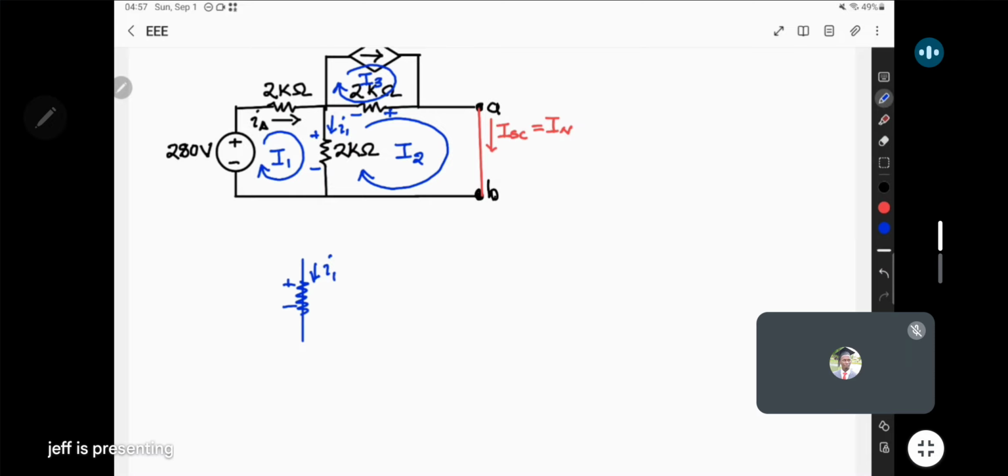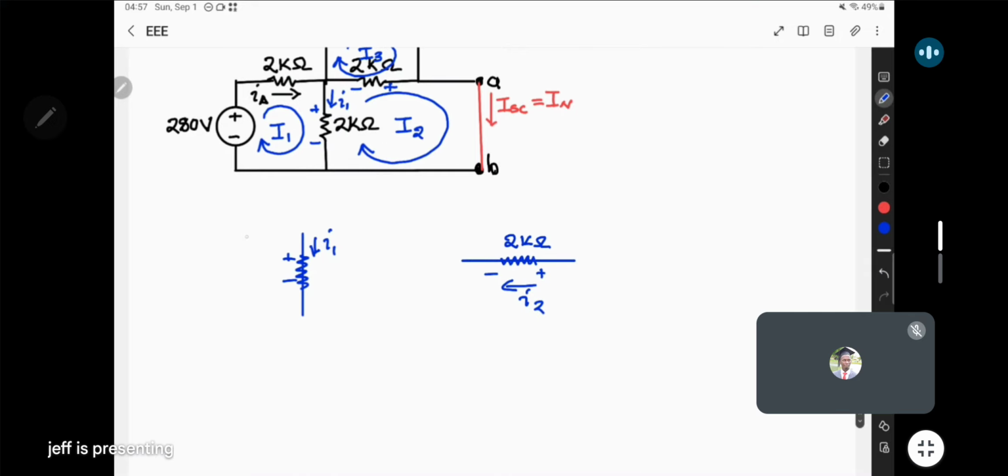I'm only going for the shared ones. Then we have the 2 kilo ohms here, and let's say the current passing through this one, let's label it as I2.